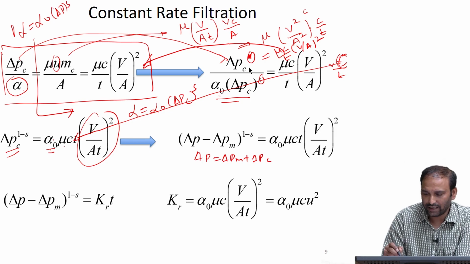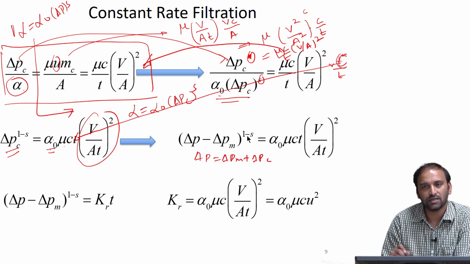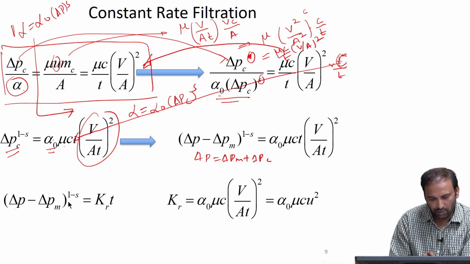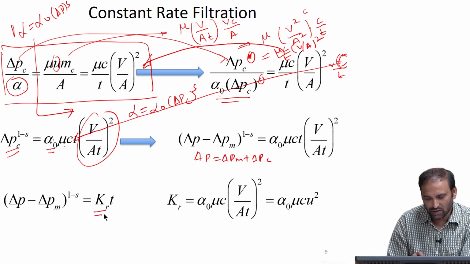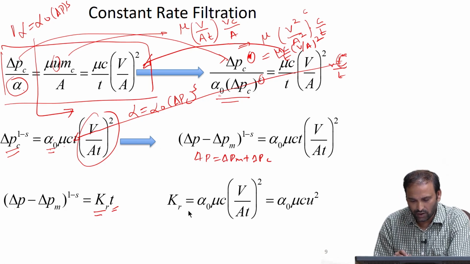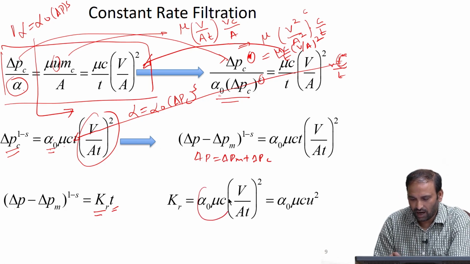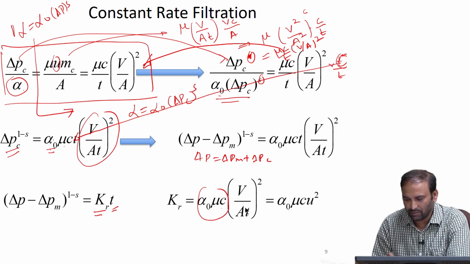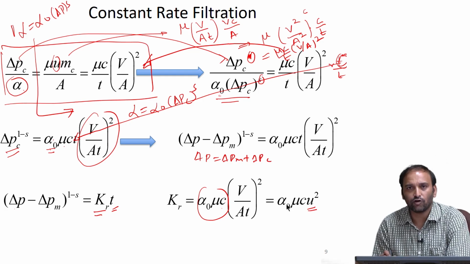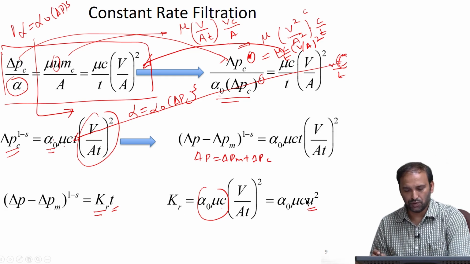If I take it to the numerator, this becomes 1 minus s. Therefore, delta p minus delta p m to the power of 1 minus s is equal to some constant times t. This constant k r is essentially alpha naught into mu c multiplied by v by a t whole square, and we know that v by a t is u. Therefore, your constant k r becomes alpha naught into mu c u square.